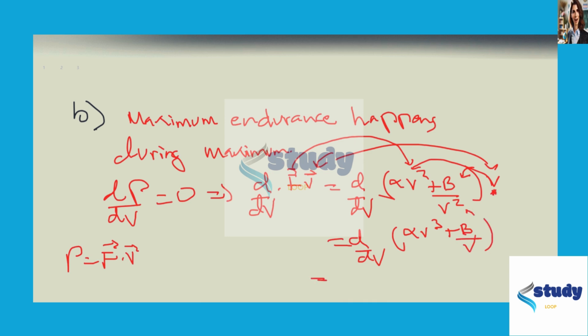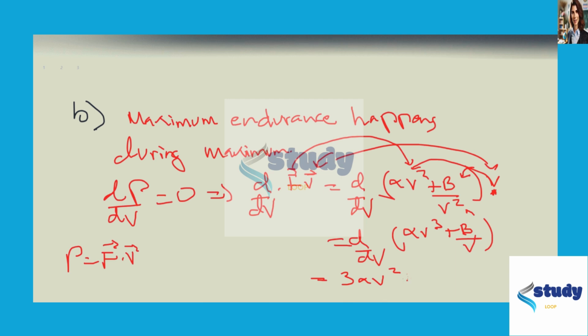So if we take the derivative of that, it happens to be equivalent to 3 alpha v squared plus, actually not plus but minus. We're doing the derivative.